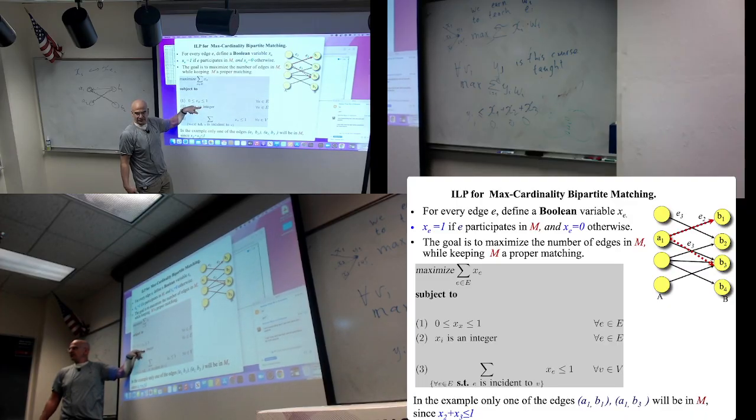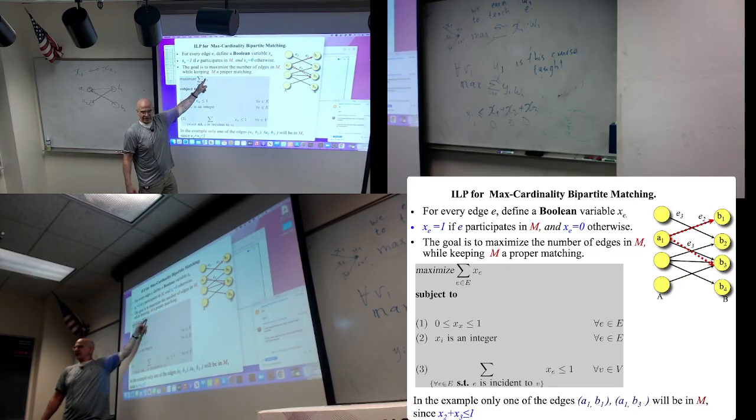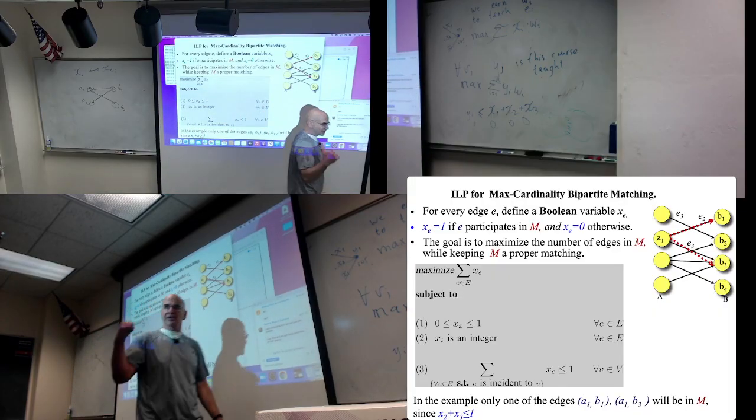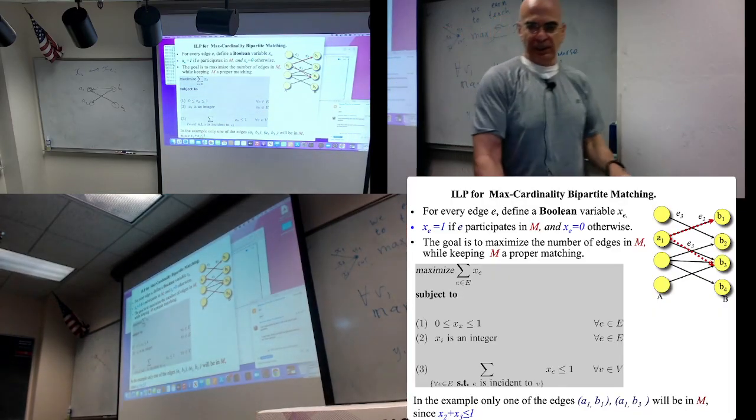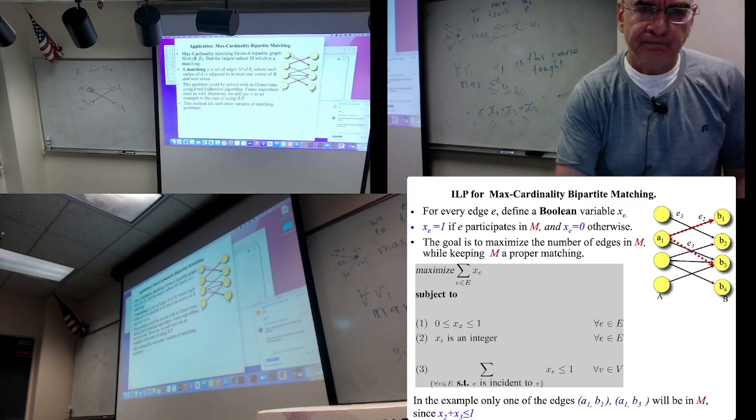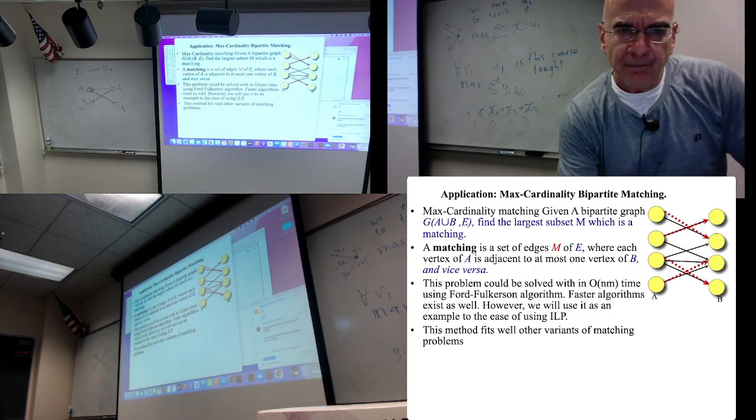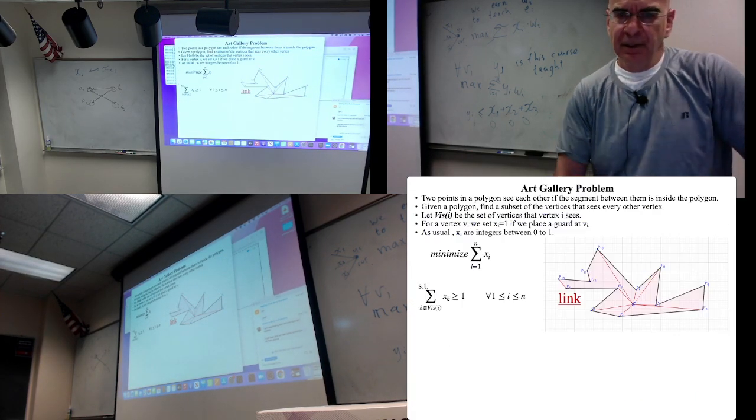Not all of them have to be integers. You can leave some as real values, so it's mixed integer. Call the ILP, get the values of the xi's as a solution, and use them to generate the matching. Okay, max cardinality, we just covered it.